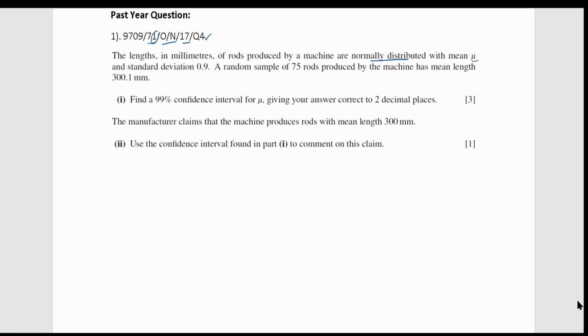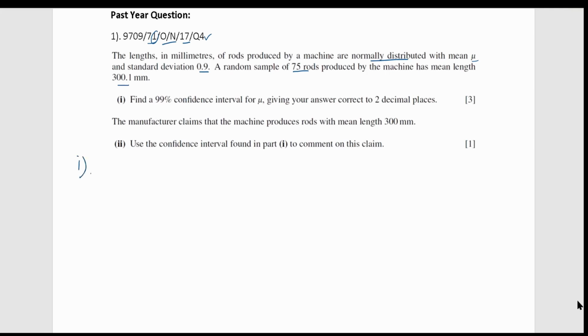So that is the population mean, and standard deviation 0.9. So this should be the population standard deviation given. Okay, a random sample of 75 rods produced by the machine has a mean length of 300.1 millimeters.